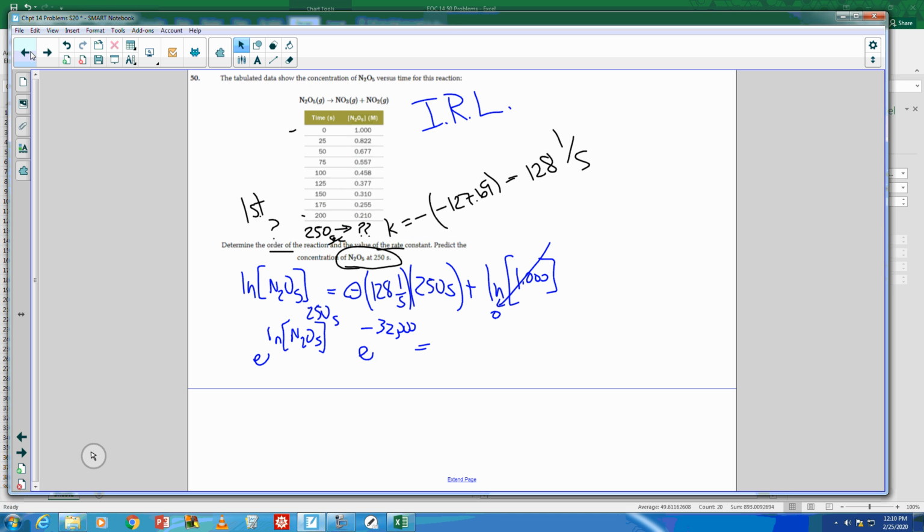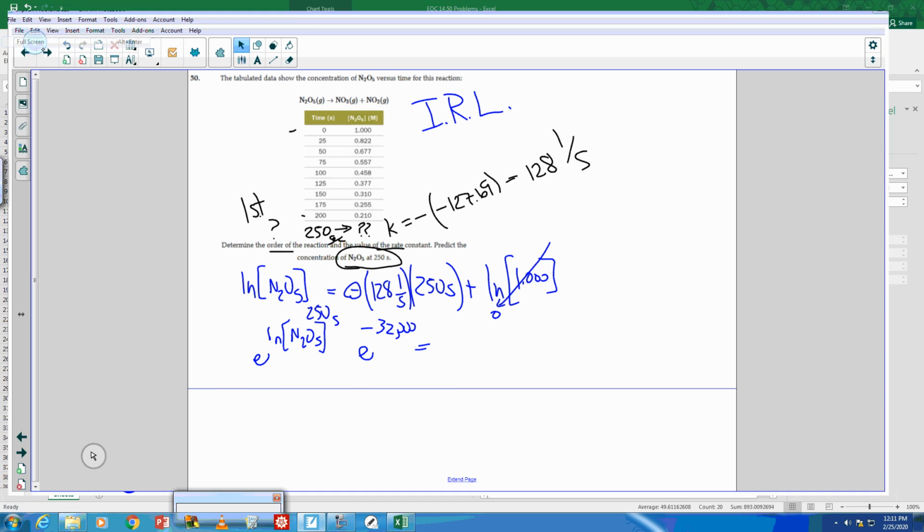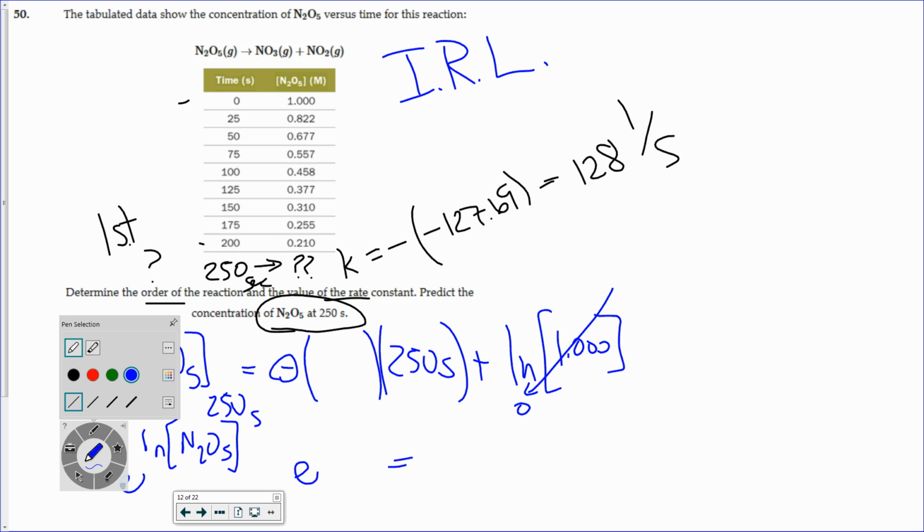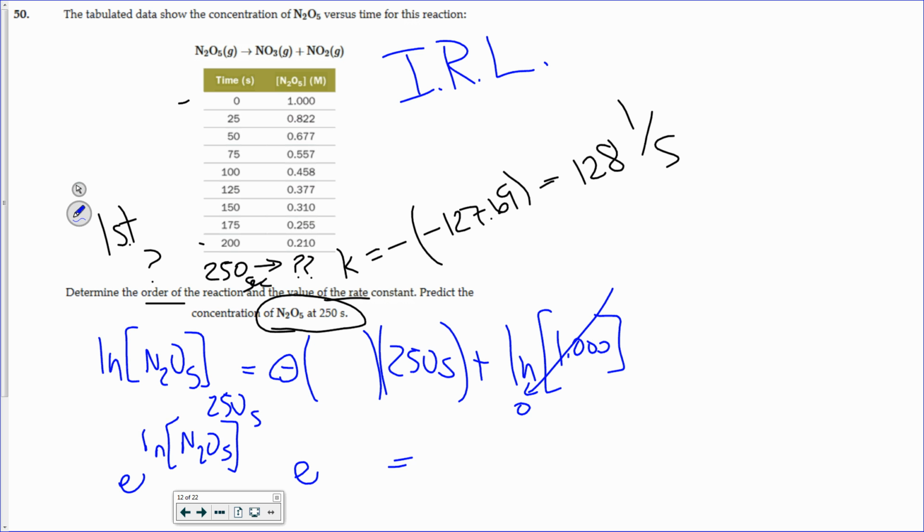Now we can throw our numbers back in. So negative 0.0078 times 250.